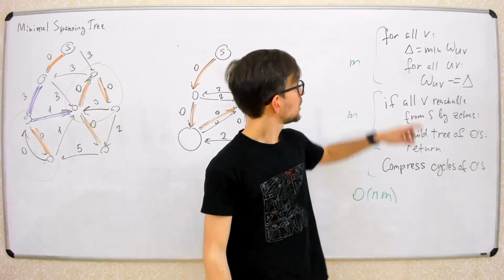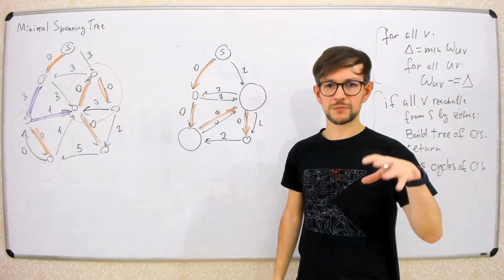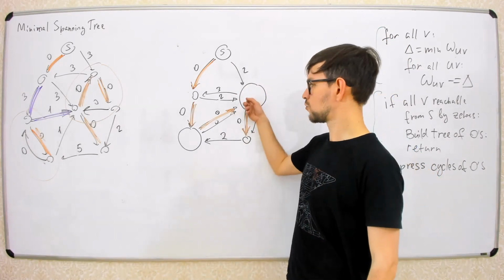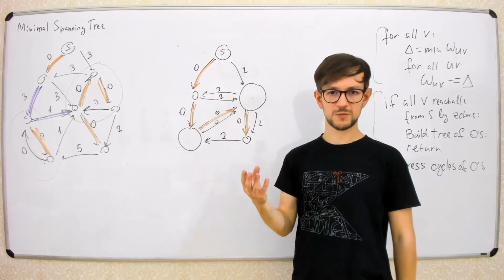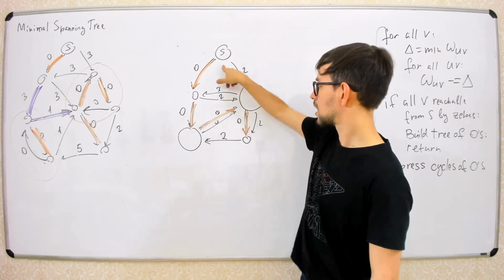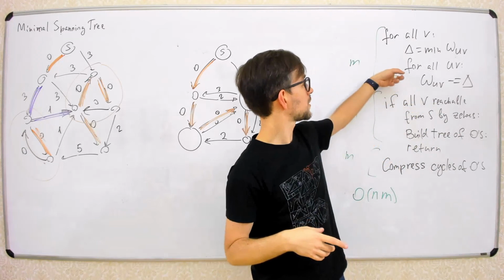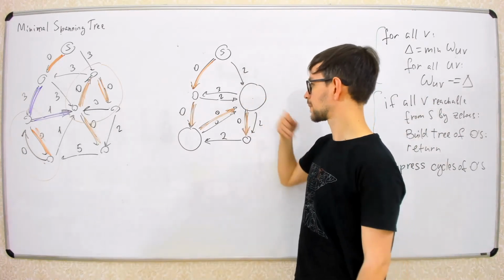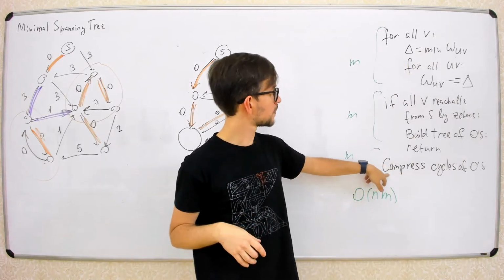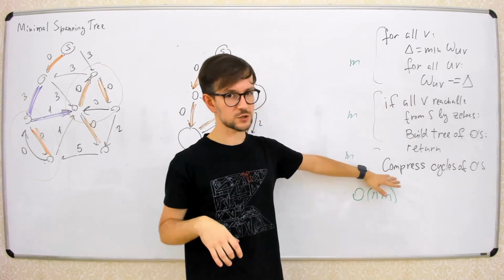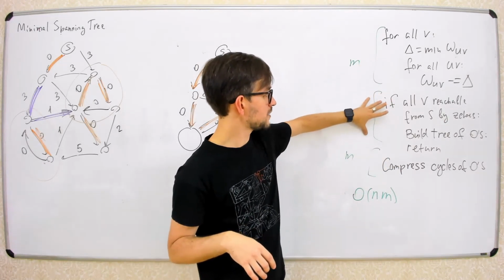Here in these operations, you only need to update this for the new fat nodes. For all the single nodes, you don't need to update this minimum, because for each of them we already did this operation on the previous step. So we need to make this operation only for the new fat nodes after you compress the cycles. So this is actually not a problem. This part is actually kind of a problem.